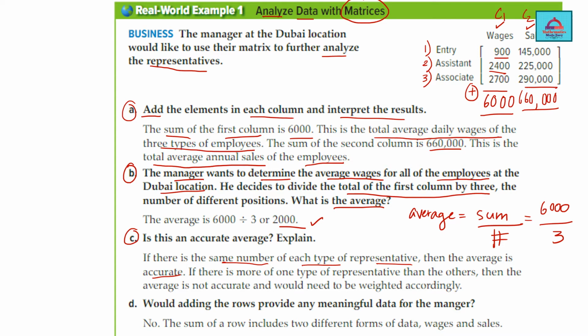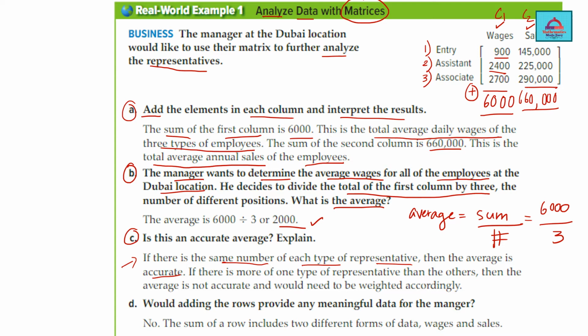So what does this mean? This point is very important for reasoning and justification. It says that this average of 2,000 which you got in part B is accurate if the numbers of entry, assistant and associate employees are the same.